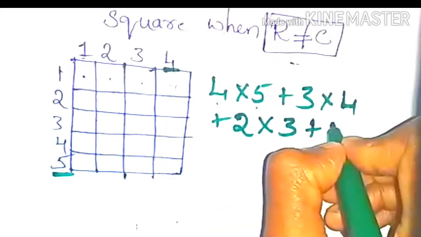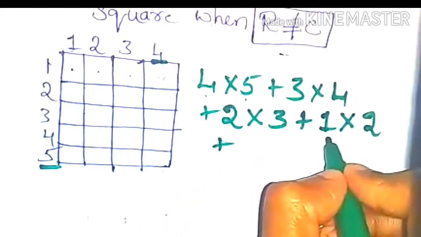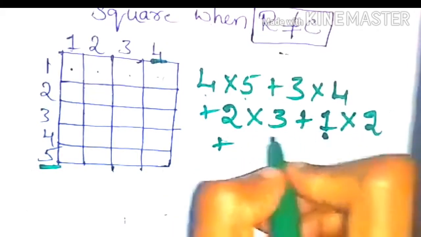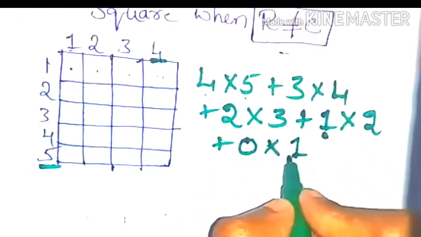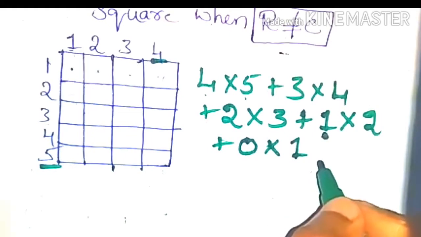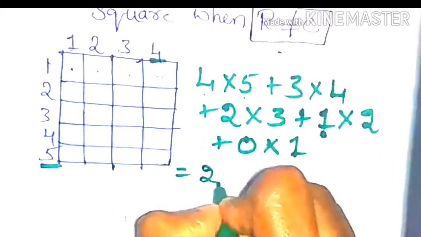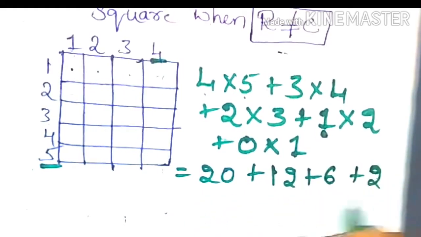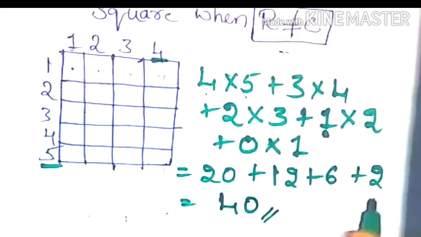Once you get the term 1, there is no need to continue for the next time, because from 1 if you subtract 1 it is 0, and 0 into something is 0. If we do it, it takes time. So now, 4 5s are 20, plus 4 3s are 12, plus 3 2s are 6, plus 2 into 1 is 2. Now add all these, what we will get? 40 is our answer. Hope everyone understood.